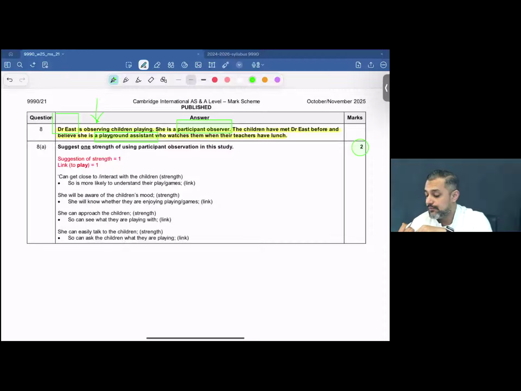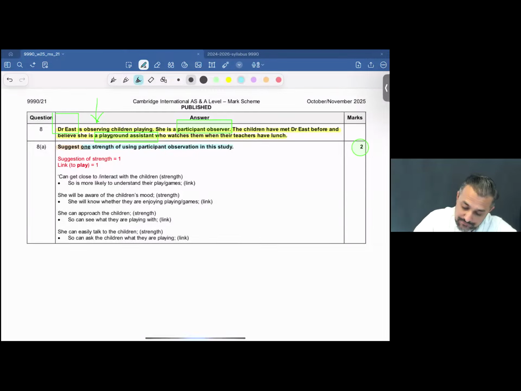I know this is an example of covert observation, and all of this should occur to you when you're sitting in the examination hall. And for this, you need to know your research methodology well. So having a look at the question over here, it reads: suggest one strength of using participant observation in the study.